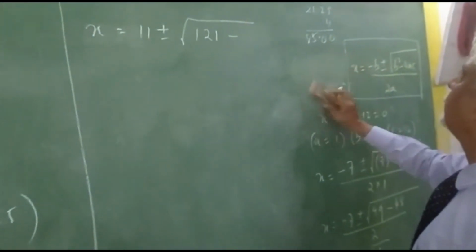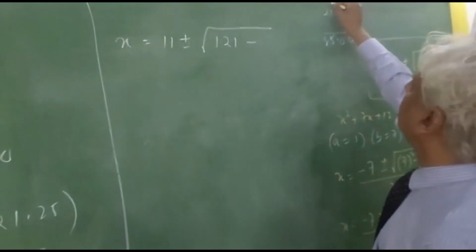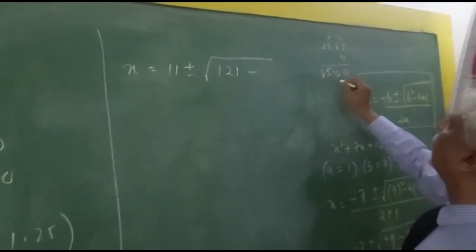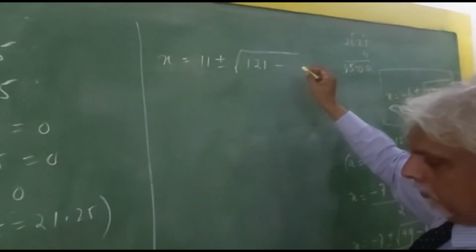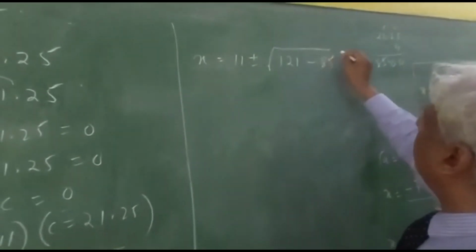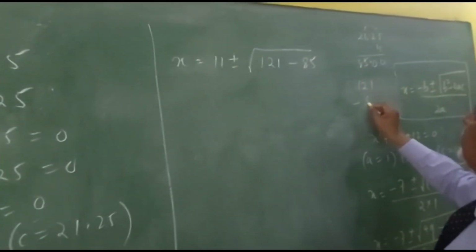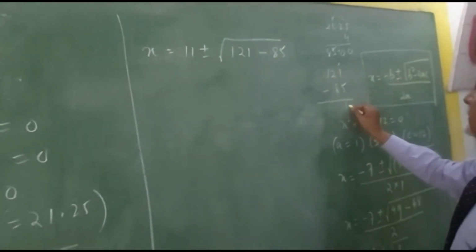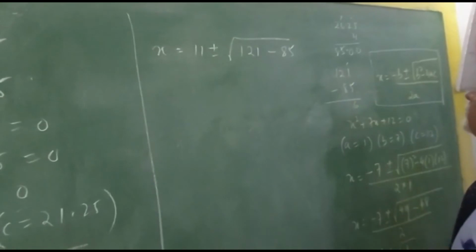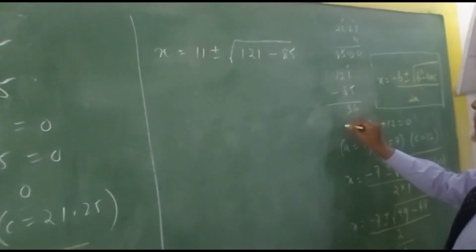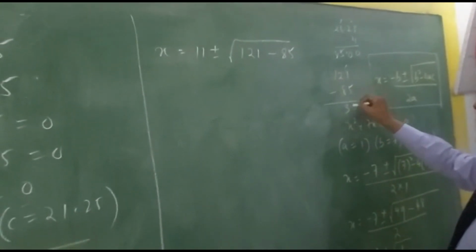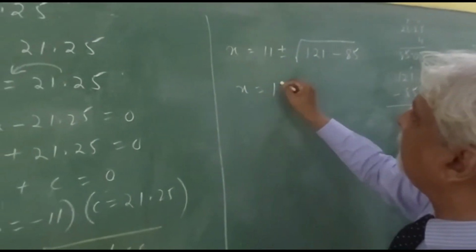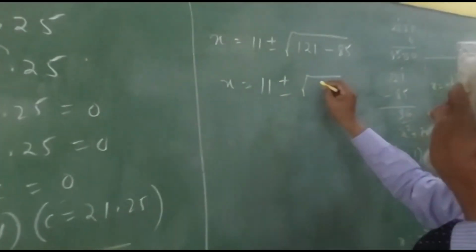Yes, 85. When I subtract this, what is 121 minus 85? Let's work this out. It is 36. So x is equal to 11 plus minus the square root of 36.